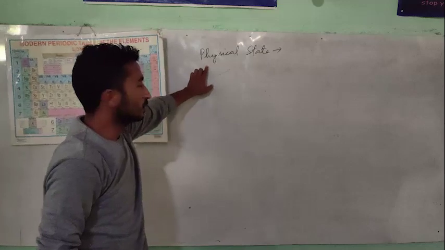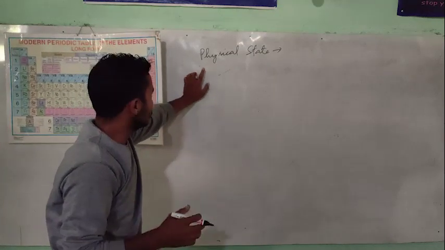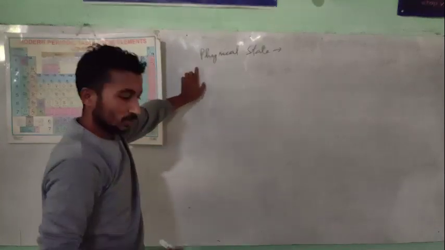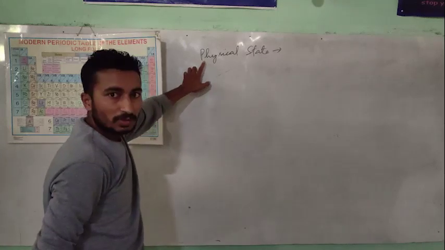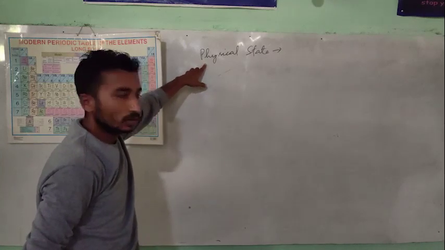By physical state, it means how they appear. So when we see physical state for some of the metals and non-metals, they do not follow the order.